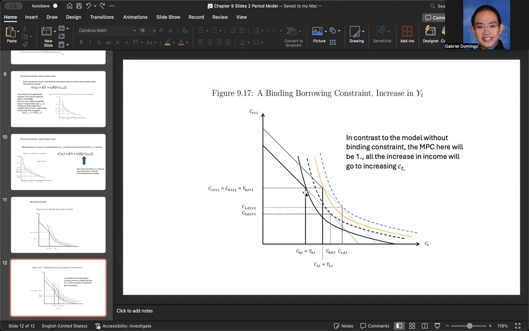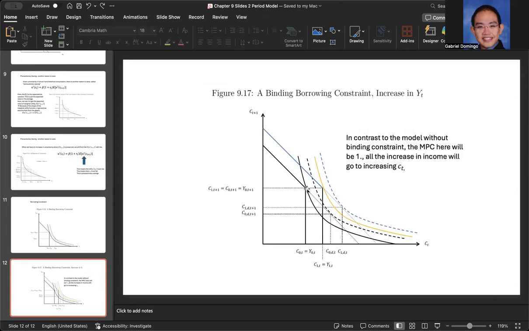Okay, so notice that this dot here and this dot here correspond to the old and the new equilibrium, but both of them are constrained. In both of these situations, they would like to actually be a borrower, which is represented by the black dashed and the blue dashed lines here.